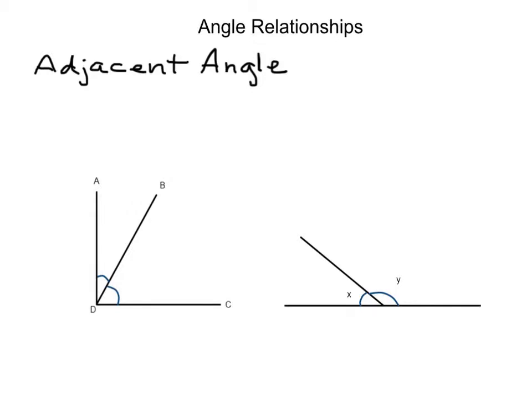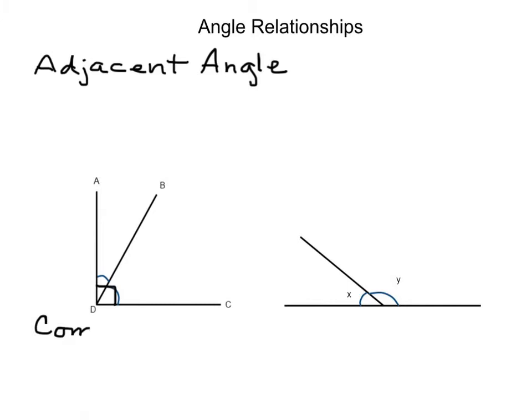The next thing we want to look at with these two angles is, in our first figure, if we were to ignore the line segment BD, and look just at this part of our figure, ADC, hopefully you guys are noticing that this is now a 90-degree angle. When two angles together form a 90-degree angle, we call that a complementary angle.